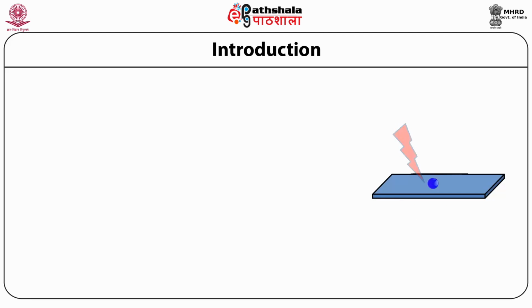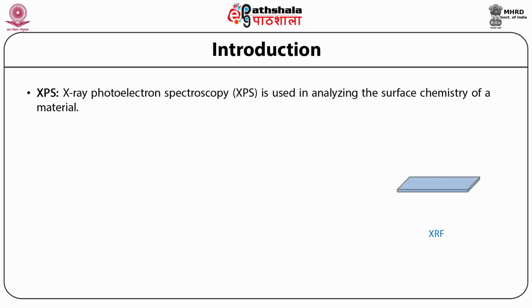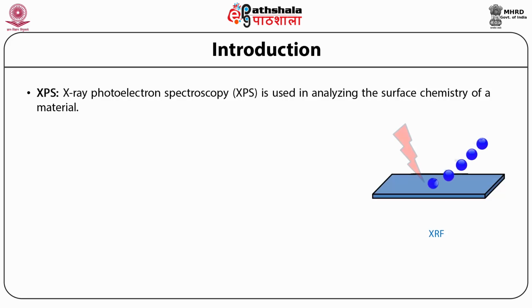Another spectroscopy is called X-ray photoelectron spectroscopy, abbreviated as XPS. It is used in analyzing the surface chemistry of a material. XPS can measure the chemical and electronic state and composition of materials.